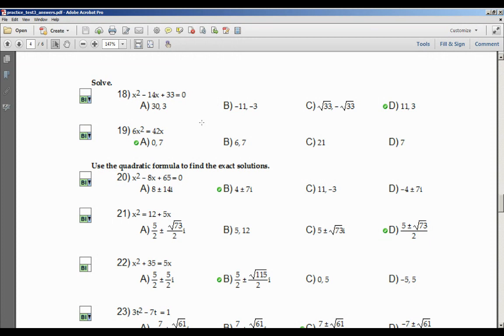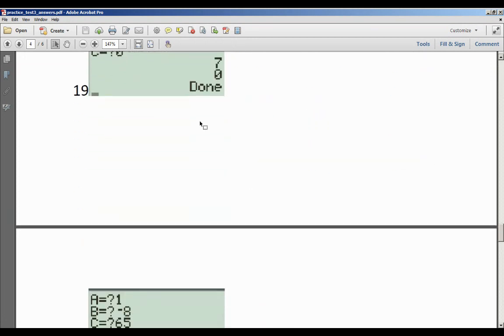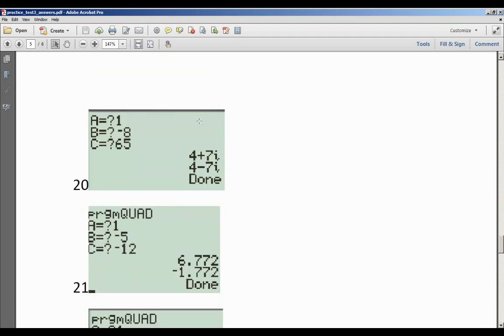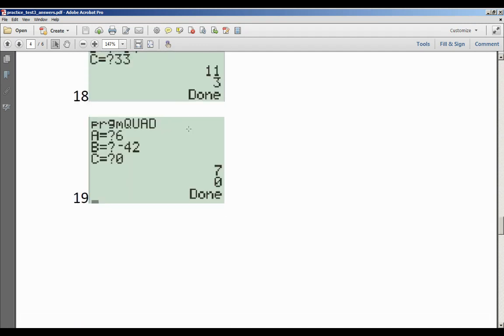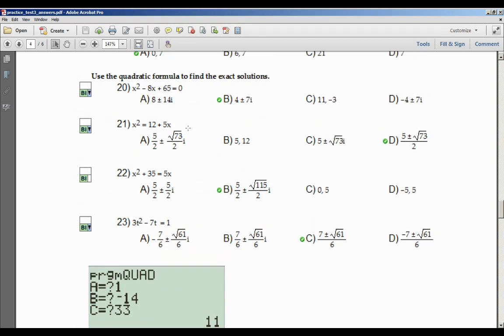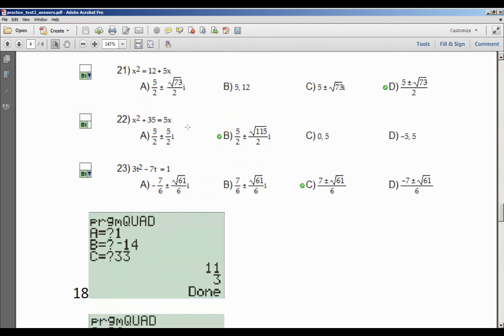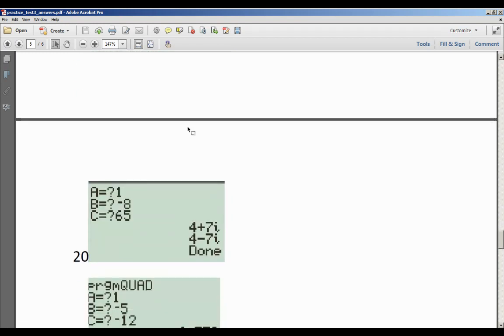All right, so what I did here with these is I did them all using the quadratic formula that I programmed into my calculator. The problem is sometimes you get these nasty decimals, and what you would have to do is take each one of these answers and change it into a decimal. 18 and 19 were not an issue because they were whole numbers.